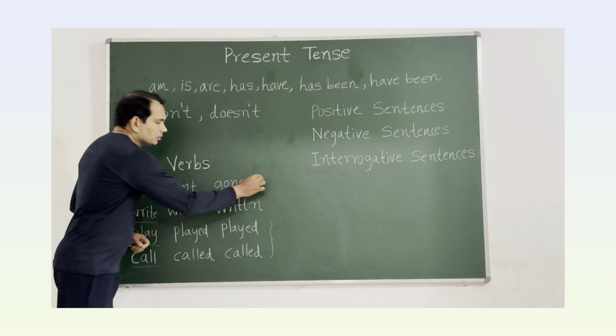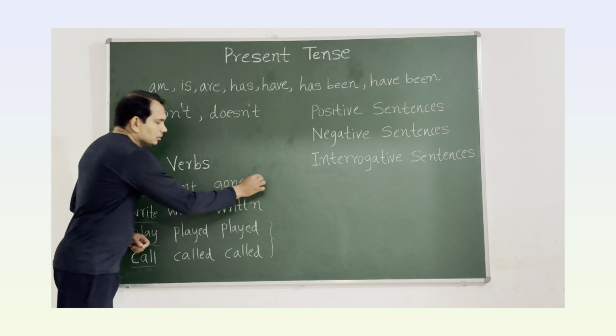When we form sentences in the simple present tense, we also add either s or es to the verbs. When s or es are added to the base form of the verb, go becomes goes, write changes to writes, play changes to plays, call changes to calls.